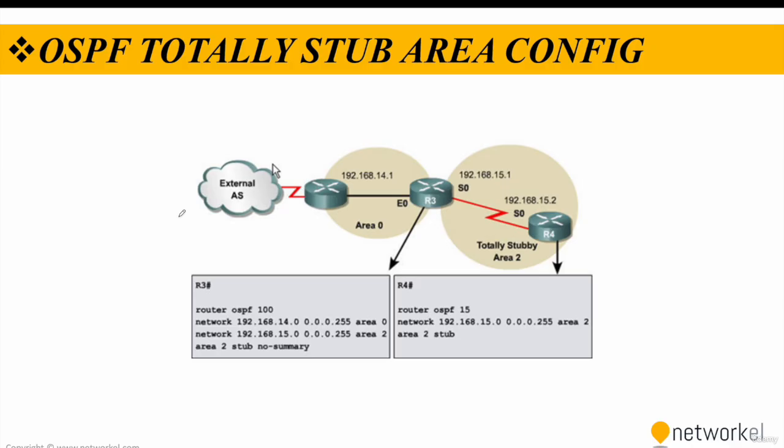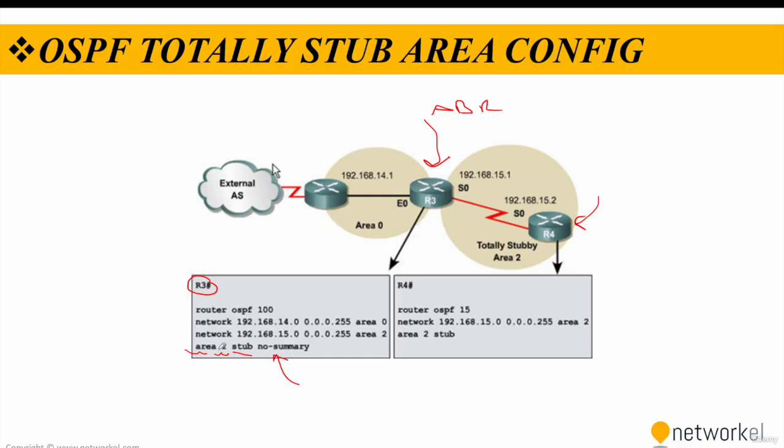Great, now let's have a look at the OSPF totally stub area configuration. Again, there is a similar topology. I have my ABR router, which is router 3, and I have my router 4 in here. On my ABR, to configure the totally stub area, the configuration I need to do is area 2 stub followed by no-summary.